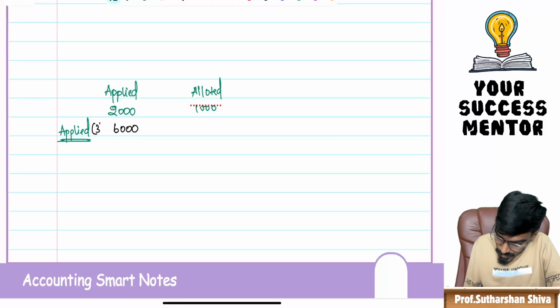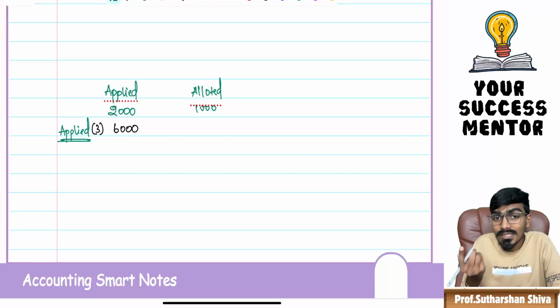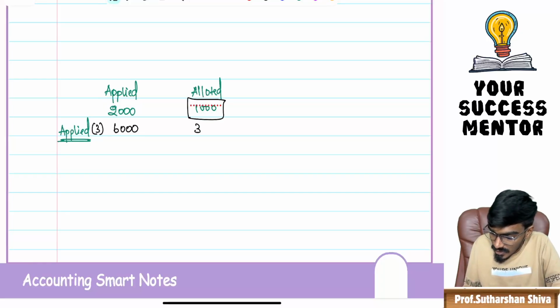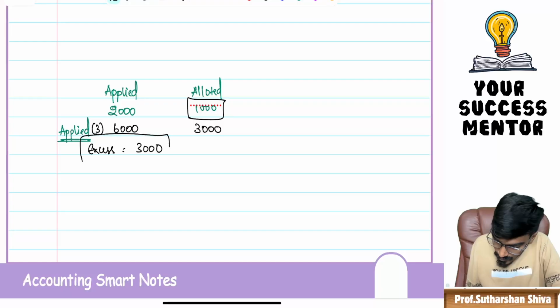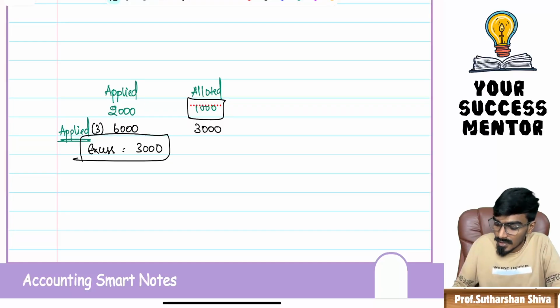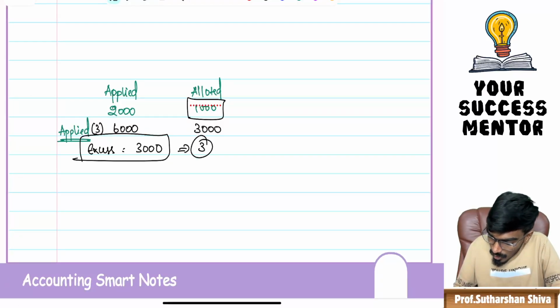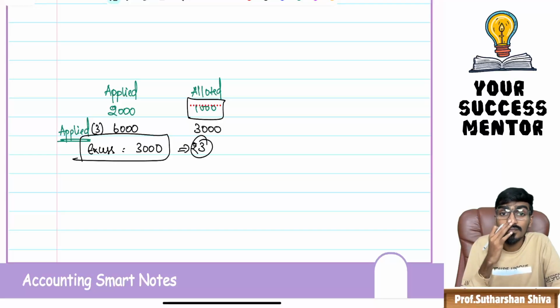Applied for 6,000. But how much is actually required for the allotted shares? 3,000. Correct? How much is in excess? 3,000 rupees in excess.